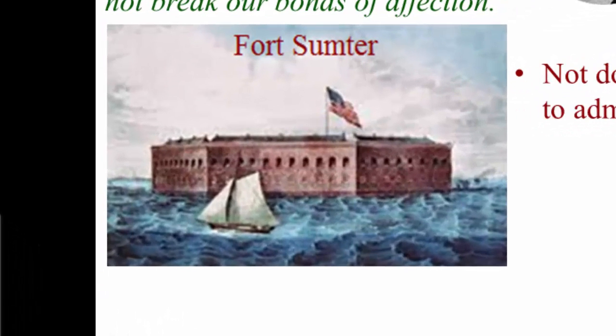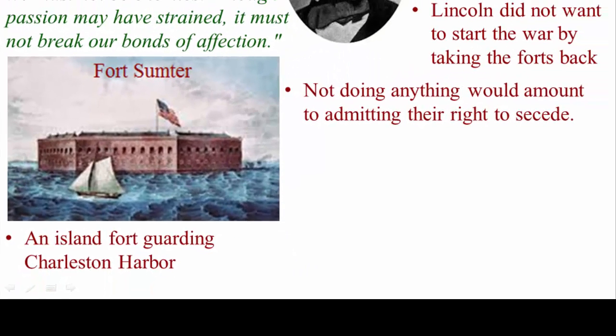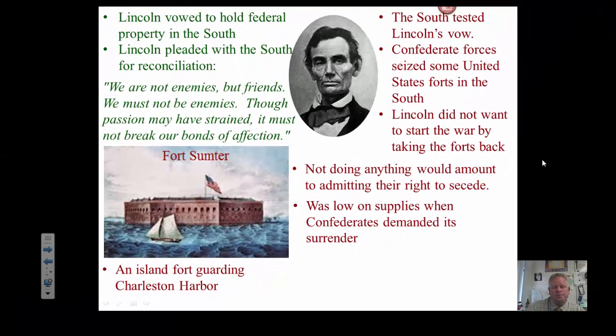Well, Fort Sumter, an island fort guarding Charleston Harbor off the coast of South Carolina, ran out of supplies, and about this time the Confederates went knocking at their door asking them to give up the fort.